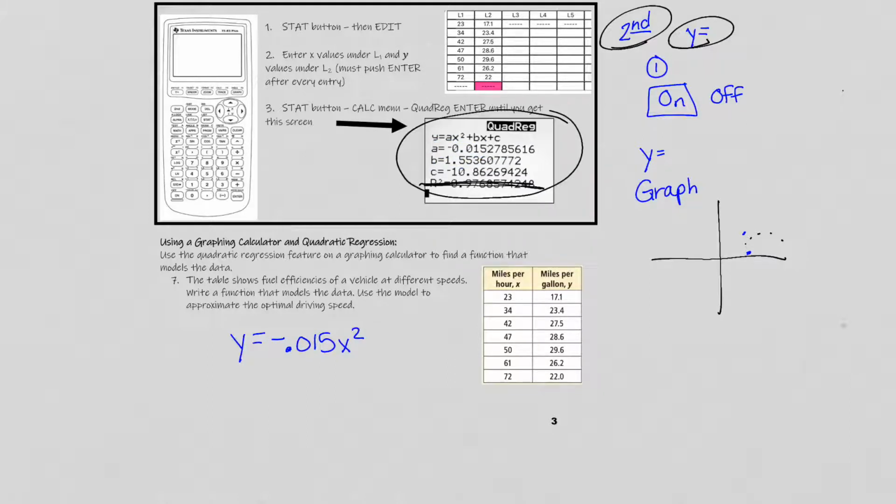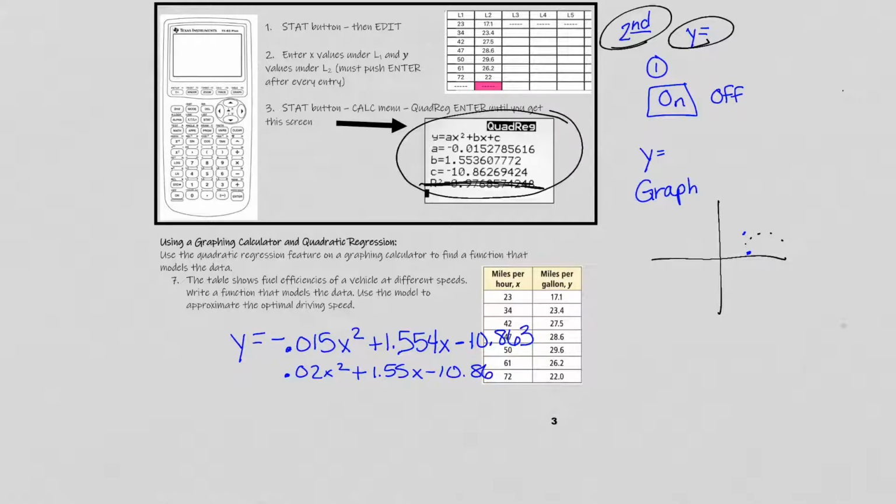So I'm going to say plus 1.554, because that 3 rounds up, x, plus c, and c is a negative, so instead of plus, I'm going to put minus 10.863. Now, Big Ideas might just want 2 decimal places, so this would have been negative 0.02 x squared plus 1.55x minus 10.86, okay? I'm not sure which way they want their answer.